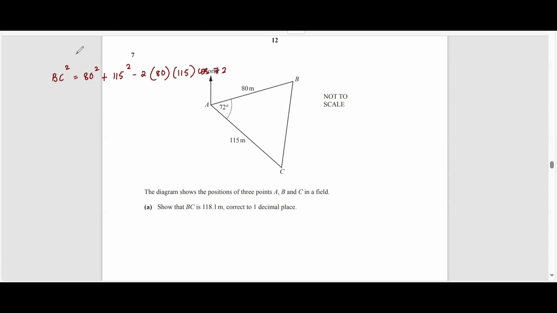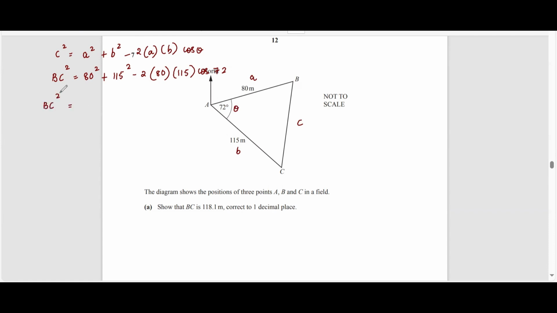We know the formula for cosine rule, that is c square is equal to a square plus b square minus 2 into a into b into cos theta. C will be the side opposite to the angle 72 degrees. The adjacent sides are represented by A and B, and the angle is represented by theta. We just have to put this in the calculator.